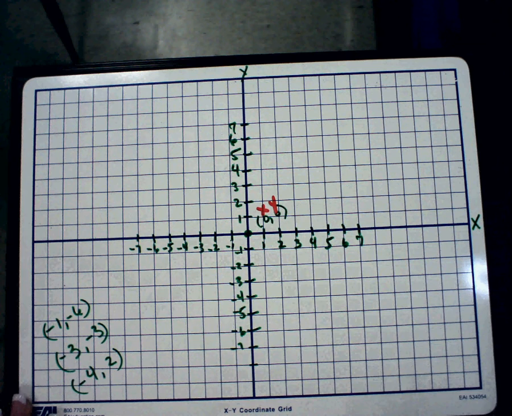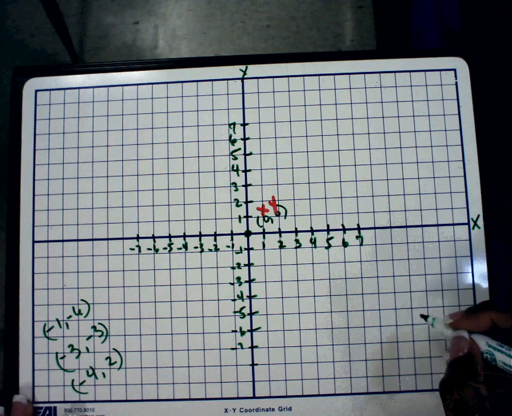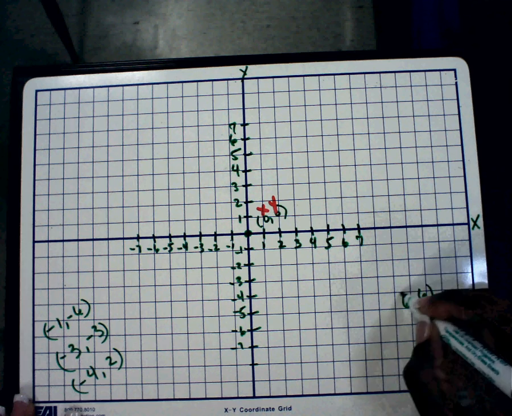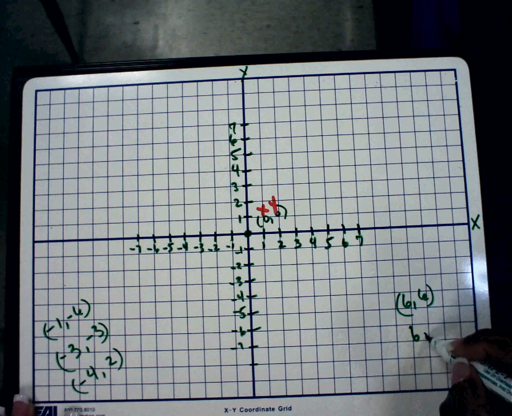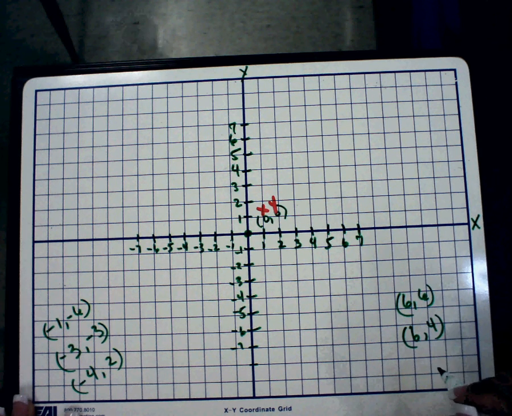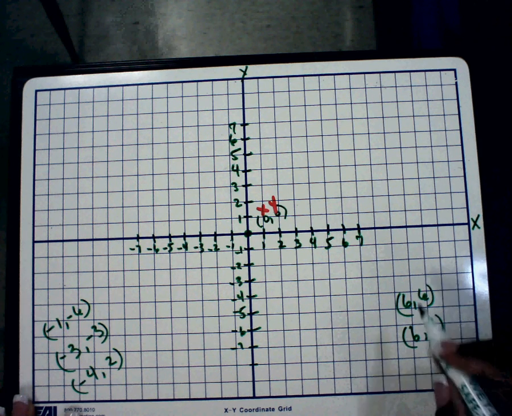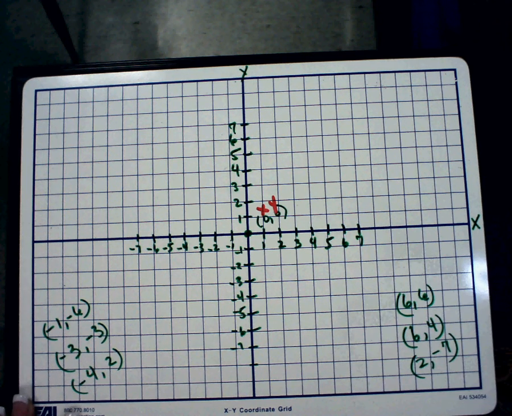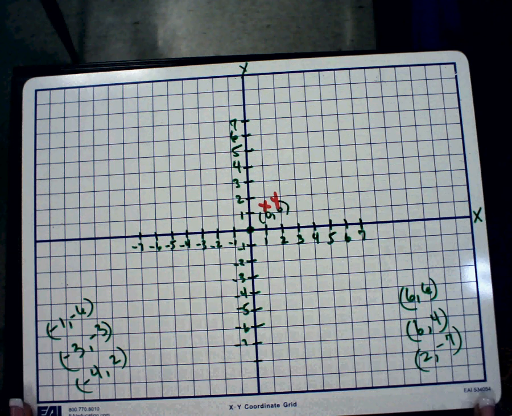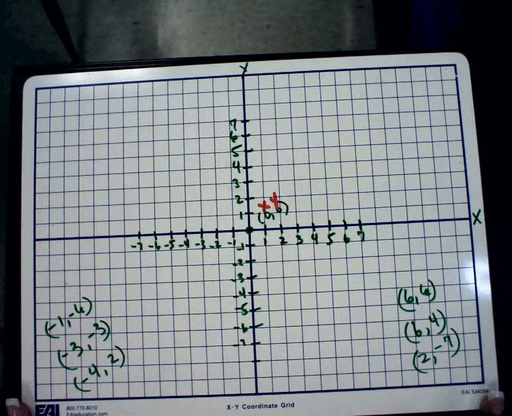So those are 3. Let's do 3 more: 6, 6; 6, 4; and then 2, -7. So we'll plot these 6 points.